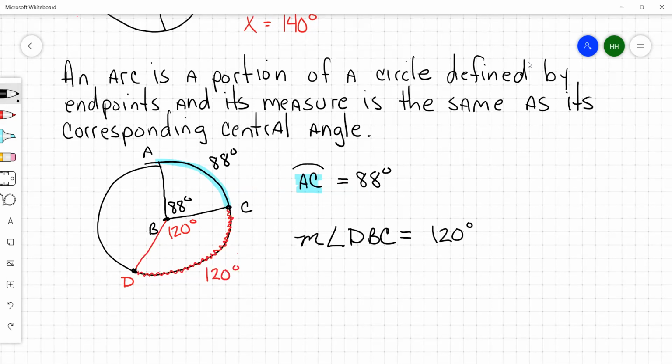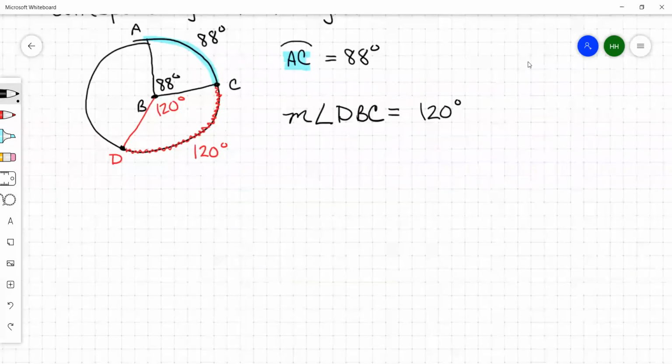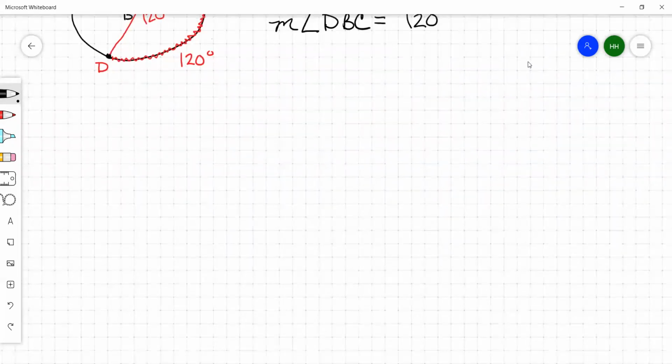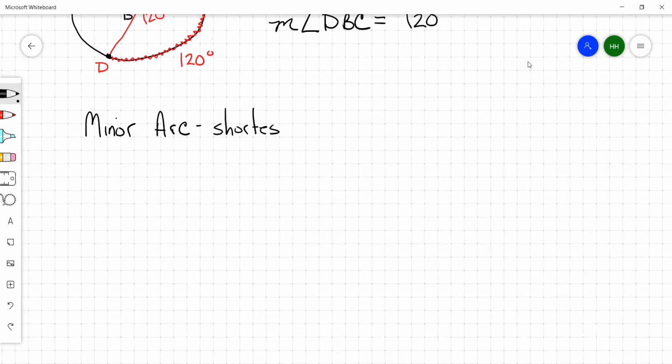Now, you've got a couple of different arcs. You've got a minor arc. That's the shortest arc connecting endpoints.